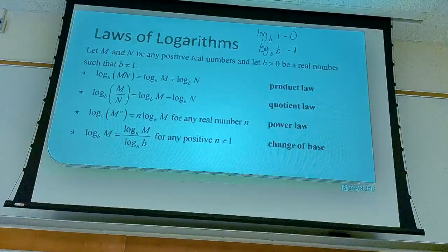What's the base of ln? e. And what are you taking the log of?